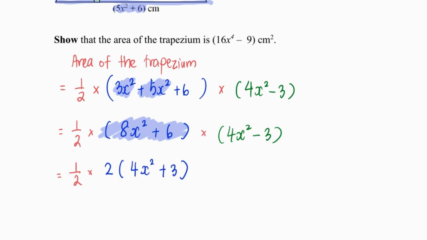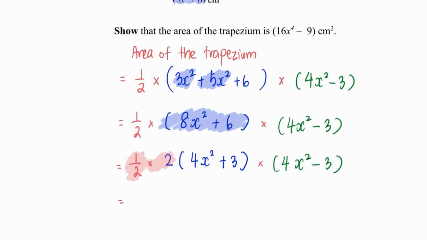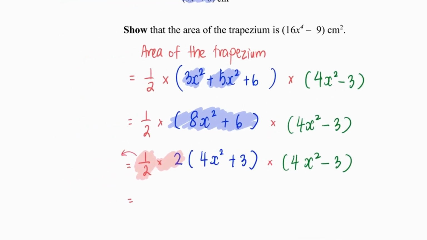And when I do that, I could then start work already. So half times 2, this will give me 1. So I don't really need to write anything about it. So I'm actually eventually left with 4x squared plus 3 multiplied by 4x squared minus 3.